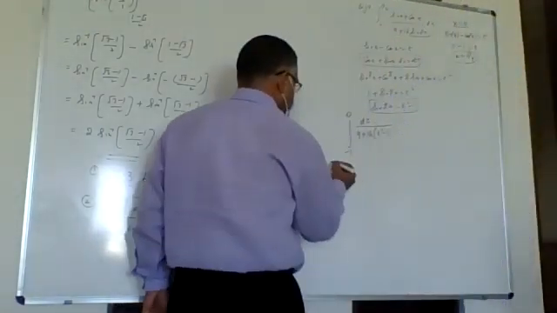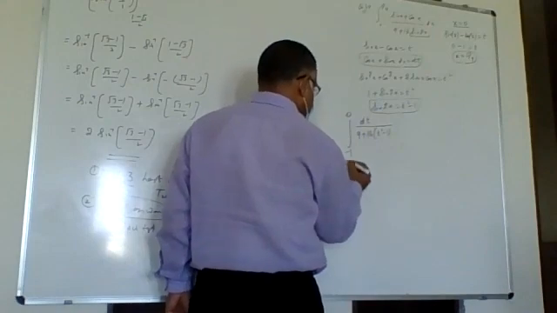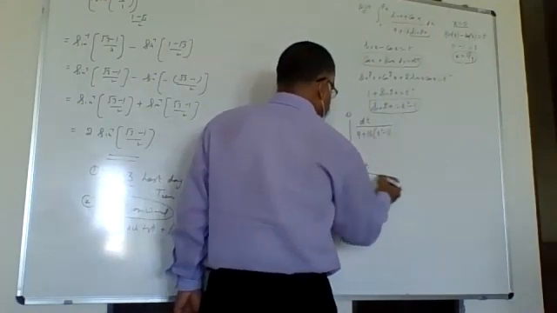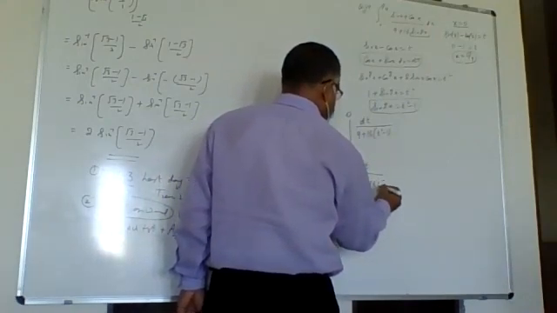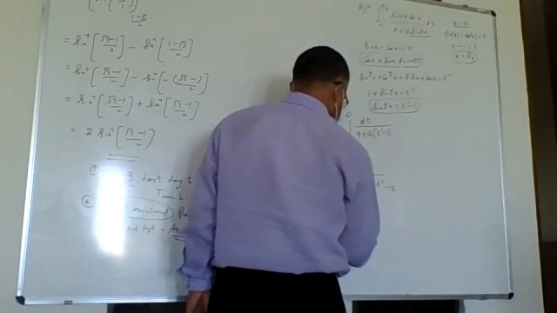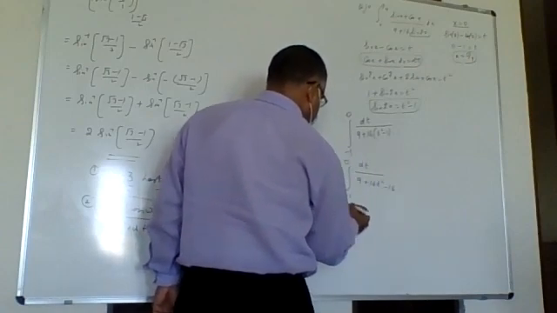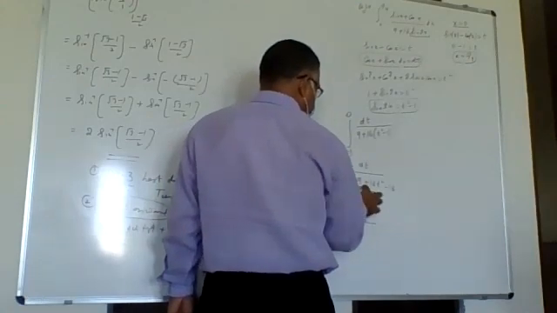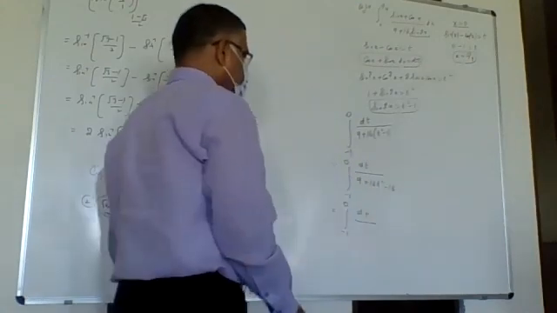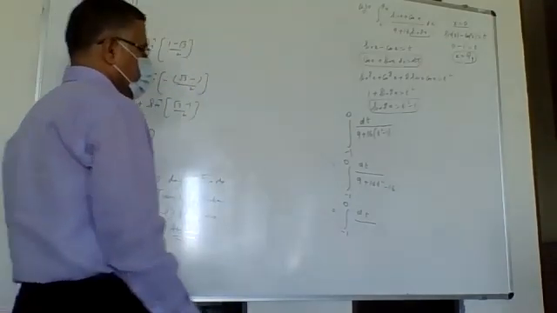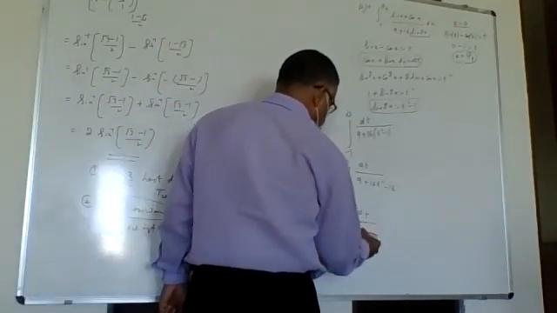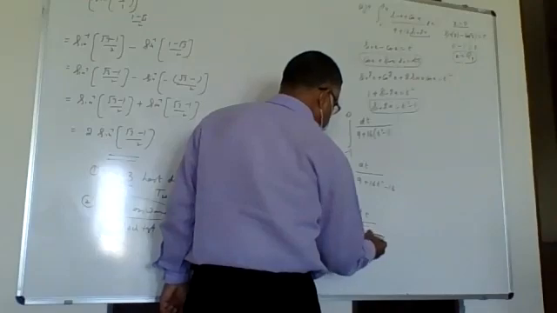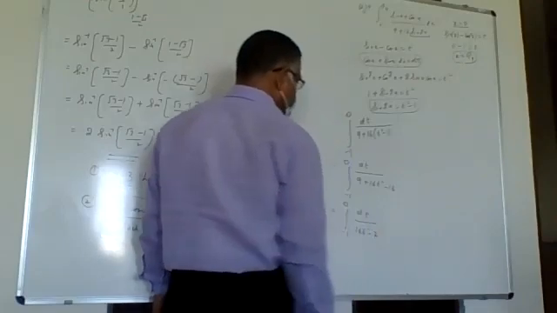So which is equal to the integral from minus 1 to 0 of dt upon 9 plus 16 t square minus 16, minus 1 to 0 dt upon 16 minus 9, 7. So 16 t square minus 7.